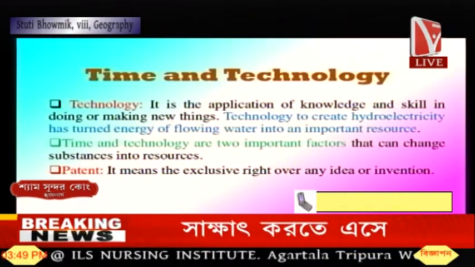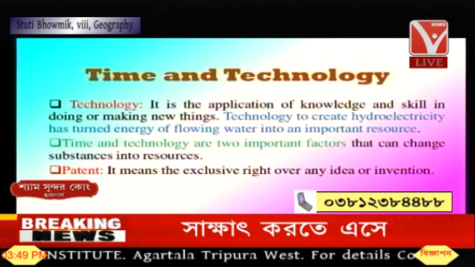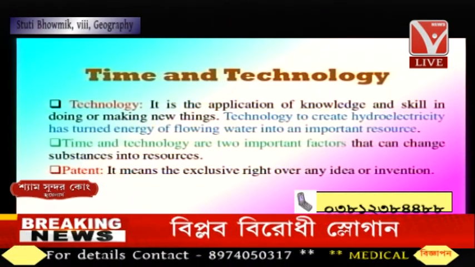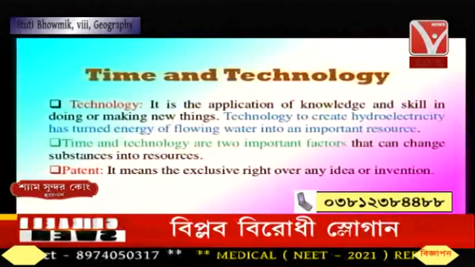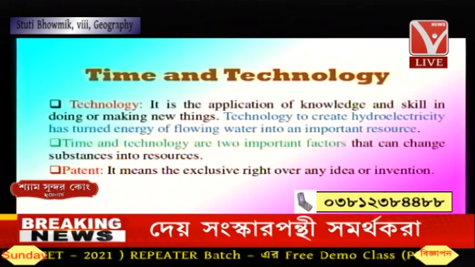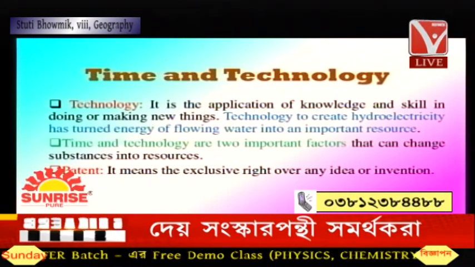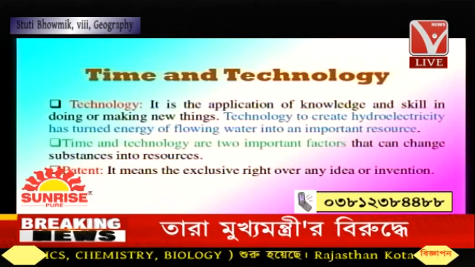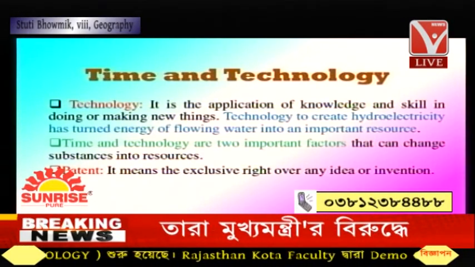This time and technology. See, technology is an application of knowledge and skill in doing or making new things, all right? And technology to create hydroelectricity has turned the energy of flowing water into a very important source. Now you can see that technology is a very powerful thing. What is that?